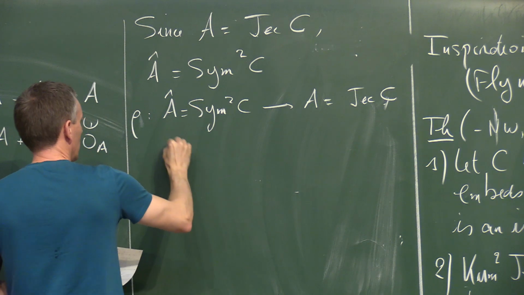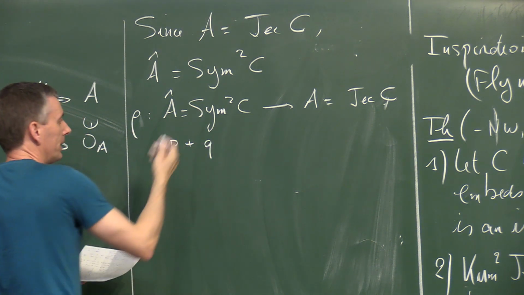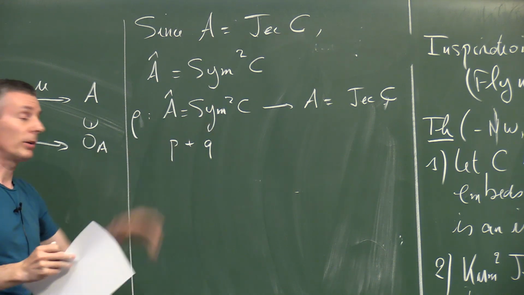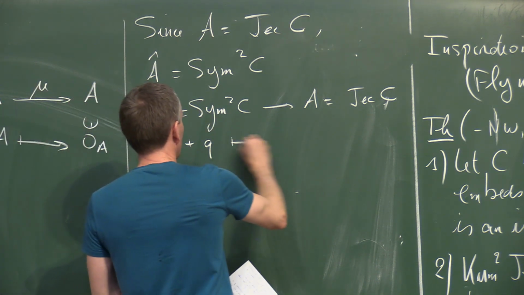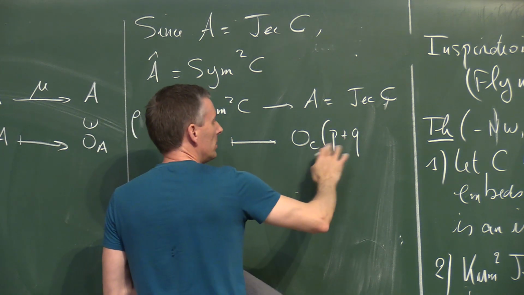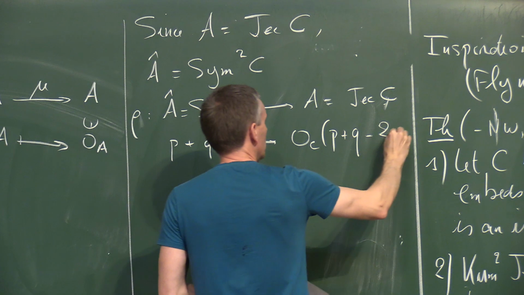So we take 2 points, let me write P plus Q to say 2 points on C without ordering. And it is mapped to the linear system of P plus Q minus 2 infinity.